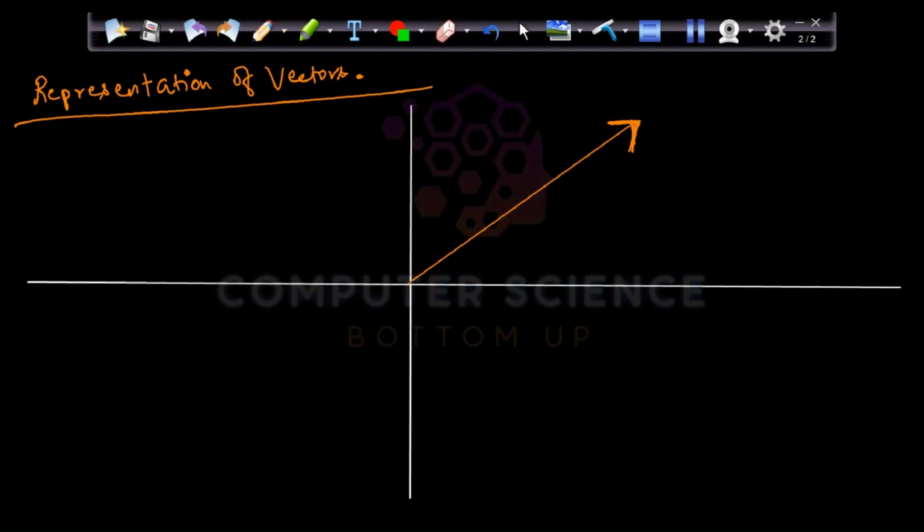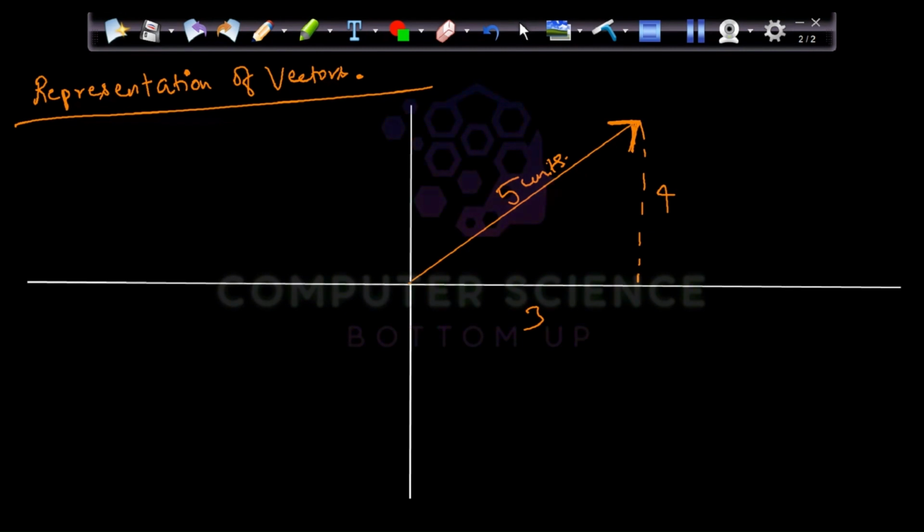So this vector, let's say, is 5. The length of it is 5 units. If this is 5 units, let's say this is 4 and this is 3, satisfying the Pythagoras theorem.